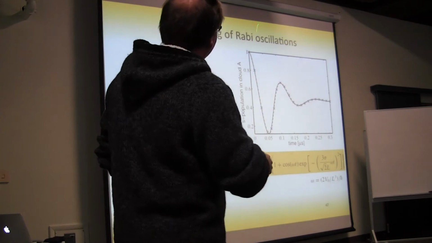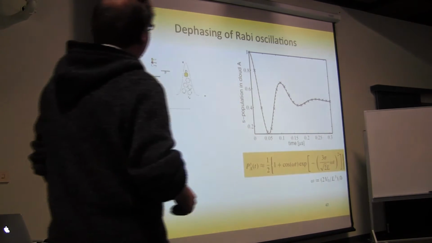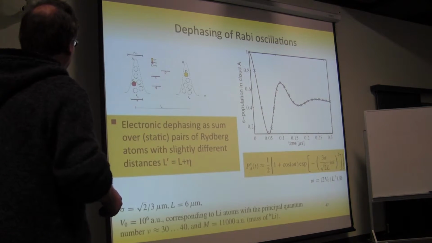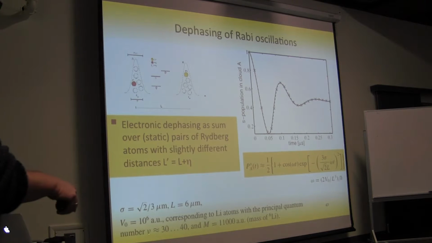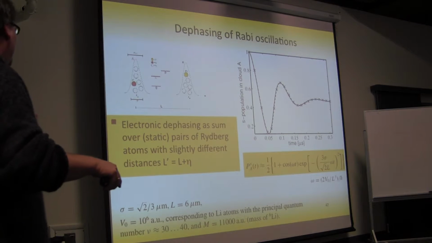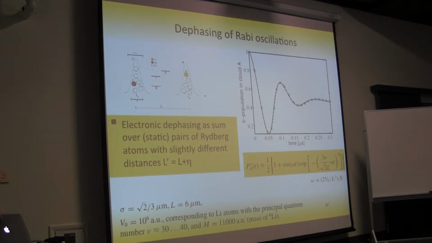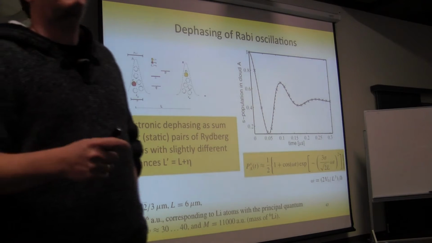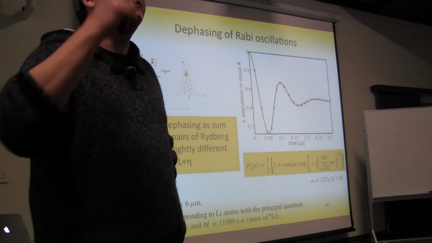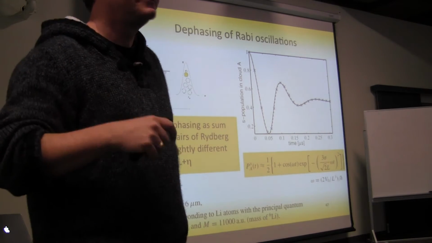Below 1 microsecond, you just see 1 or 2 oscillations. And I think this was for this kind of parameters. If you want to translate it into something halfway real, this is lithium atoms. We always love lithium atoms because they are light and they propagate fast, I mean on the computer.